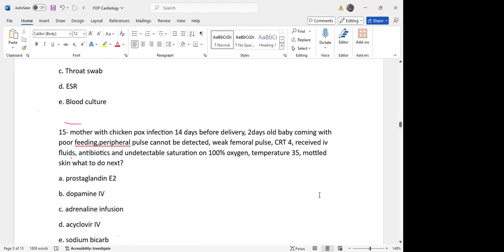Now, a mother with chickenpox infection 14 days before delivery. A 2-day-old baby comes with poor feeding, peripheral pulses cannot be detected, weak femoral pulses, capillary refill time is 4, prolonged. Received IV fluids and antibiotics, oxygen saturation undetectable, temperature 35 degrees centigrade, still mottled skin.